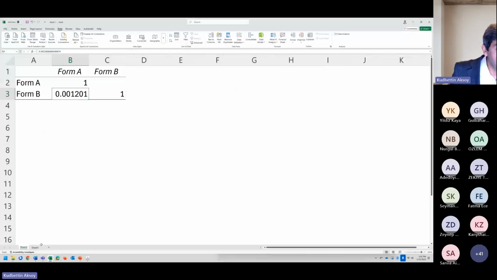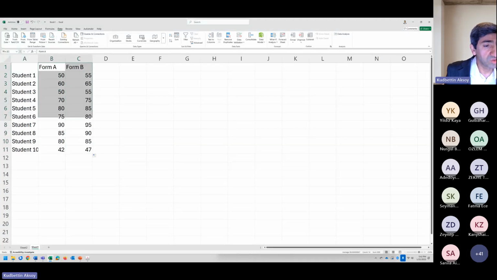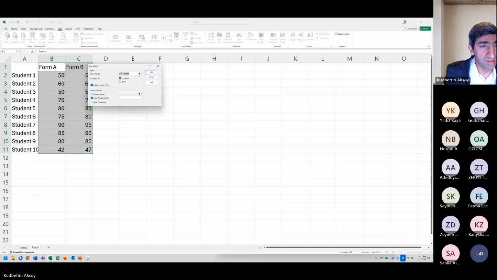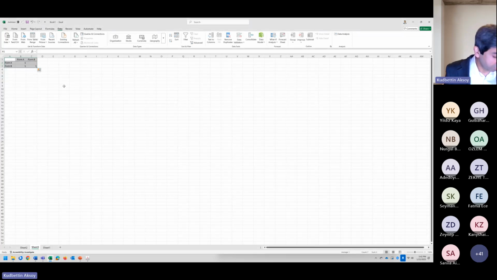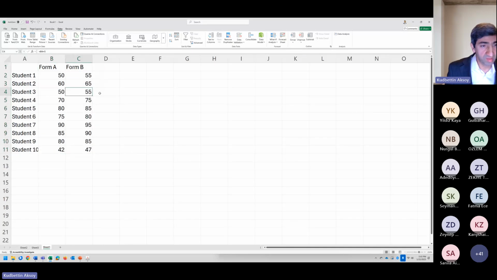low, 0.00. Remember, the highest is 1. Let's make this perfect. If I take this number and add the same thing to all of them, and then perform the same thing, now I have perfect correlation. Now that I have perfect correlation, let's mess it up.